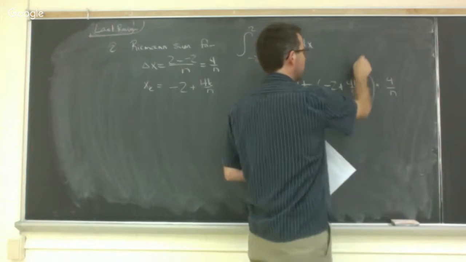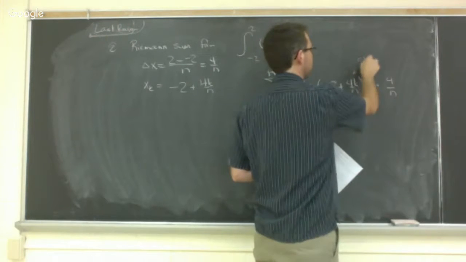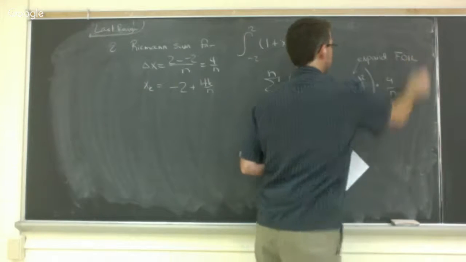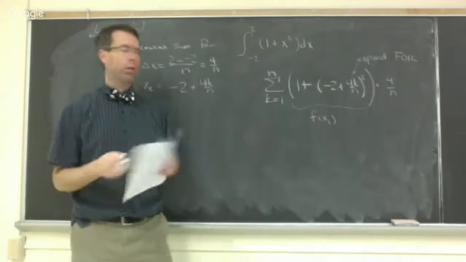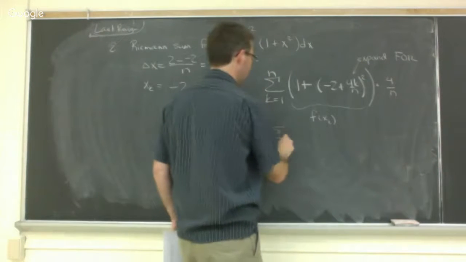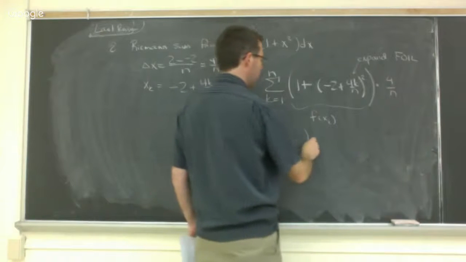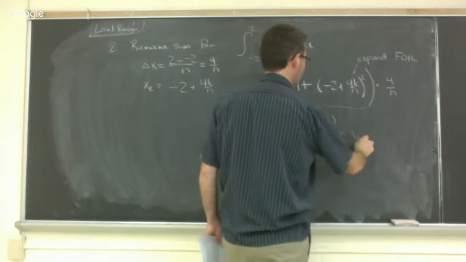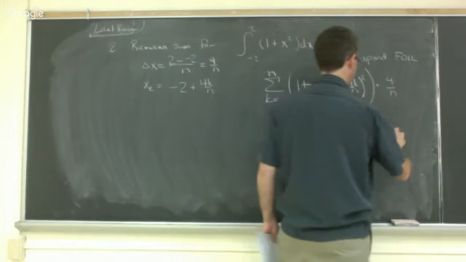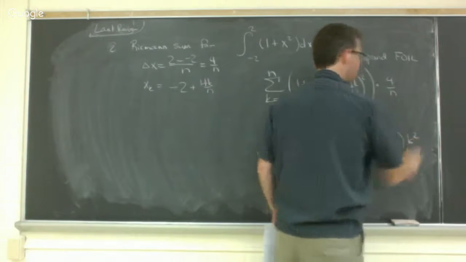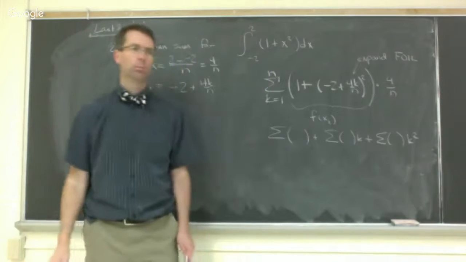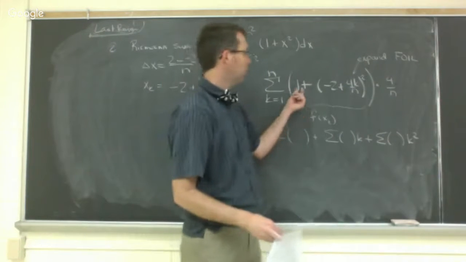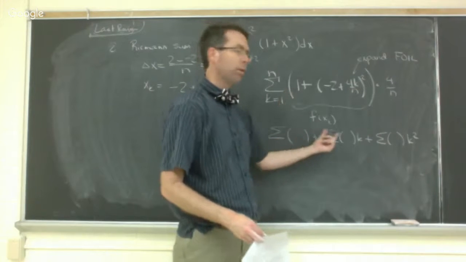So the thing is, if I expand this, right, with FOIL, you're going to have a sum of something with no k's plus a sum of something times k plus a sum of something times k squared. And we have rules for all those.